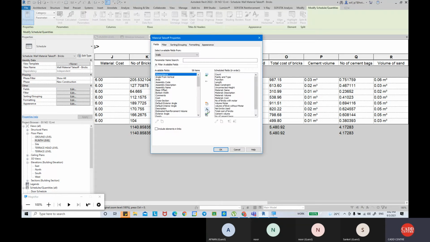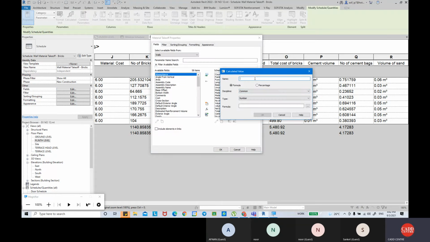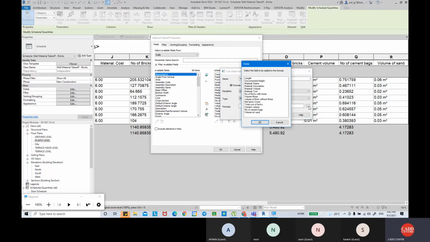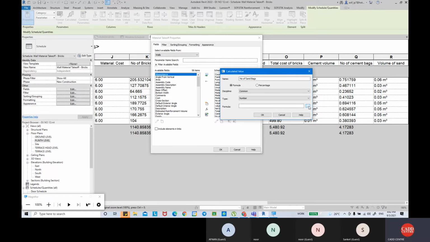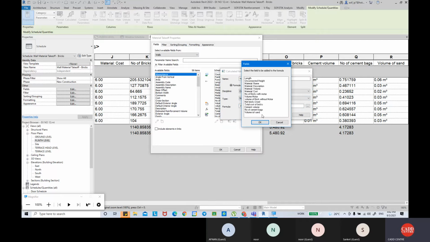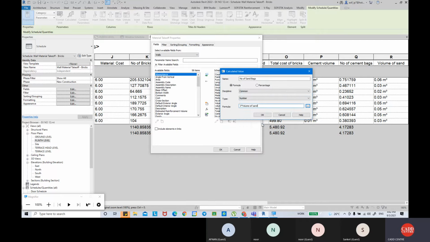Find the number of sandbags. The formula would be 3 multiplied by the volume of sand and the density of sand.